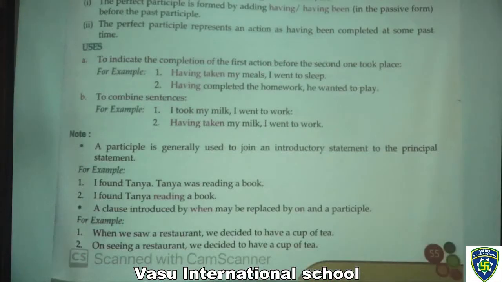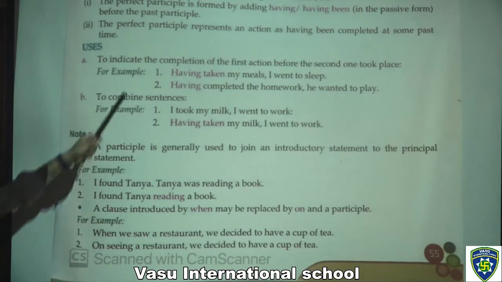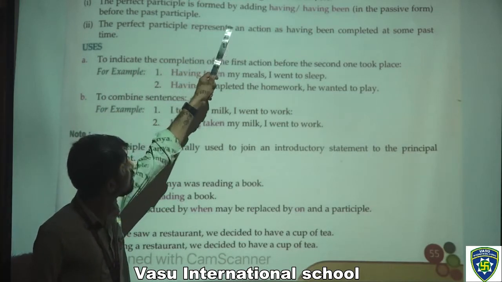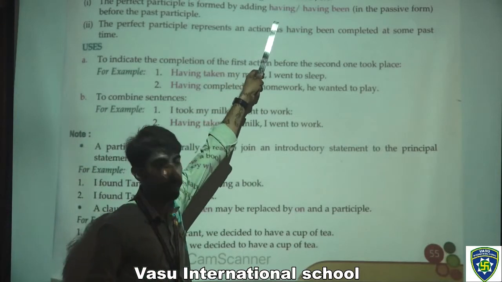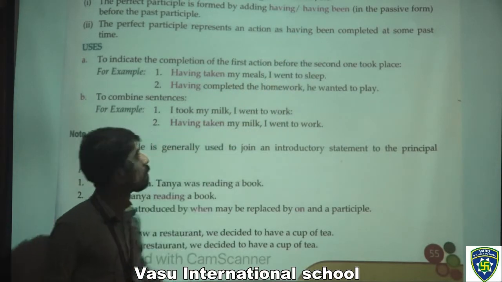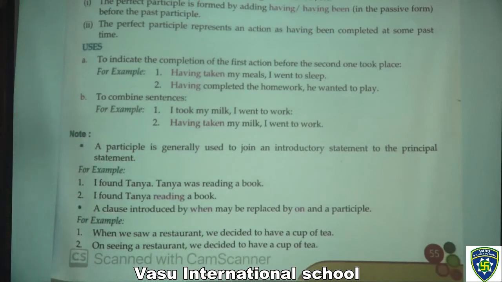So next page. In the next page, with the C point, we have the perfect participle. Now having learnt, having been cooked, etc. Now the perfect participle is formed by adding having, or having been in the passive form, before the past participle. So after that, we can go to the second point.